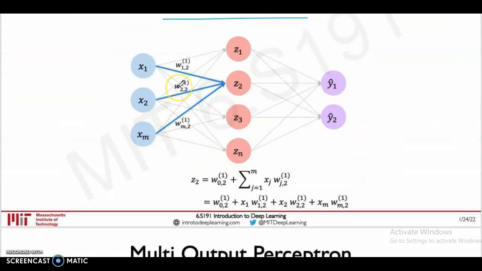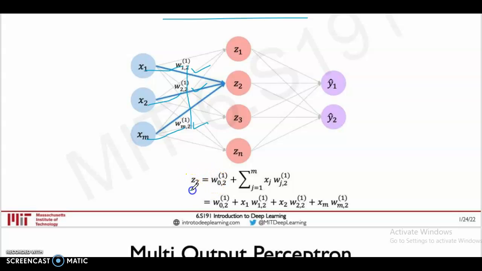So what we have seen: 1 comma 2, 2 comma 2, m comma 2. This m, this 2, same style, will not vary.